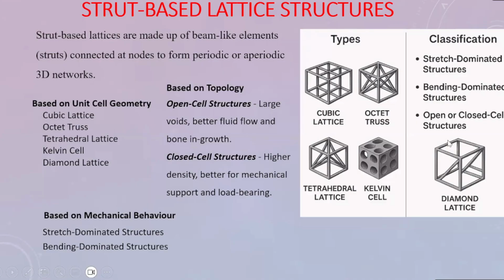Or we can have this diamond lattice structure, which mimics the atomic crystallography of diamond, where atoms are arranged as they are in diamonds. The lattice structure also looks similar to that.